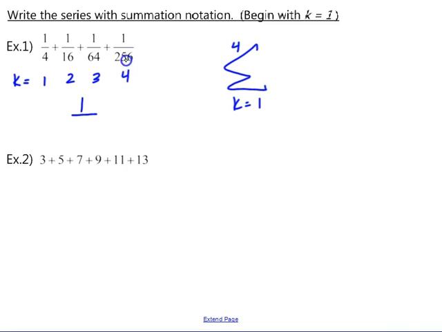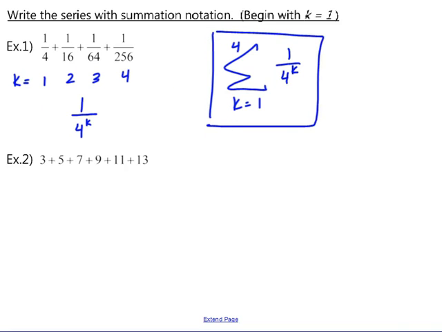And 4 to the fourth power is 256. So our denominator is represented by 4 to whatever term power it is. So we're going to put 1 over 4 to the k to represent our formula for the nth term. And there's our answer.